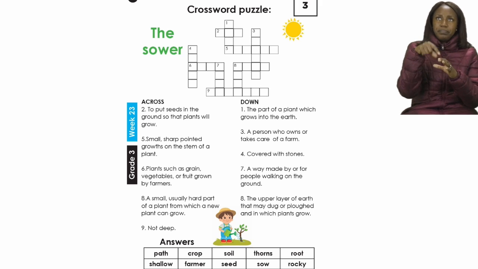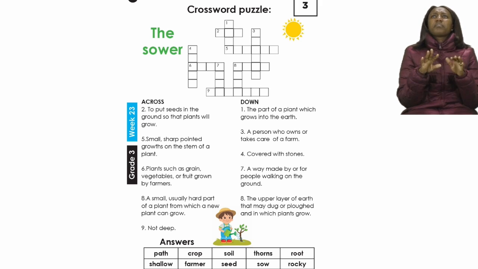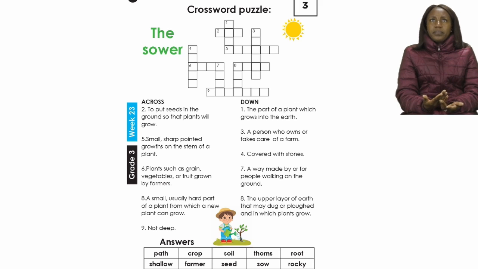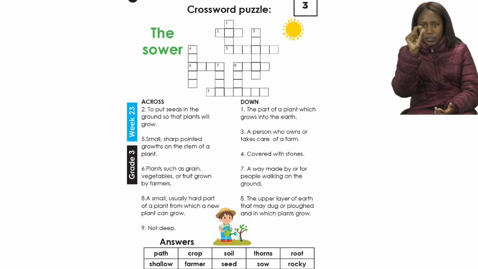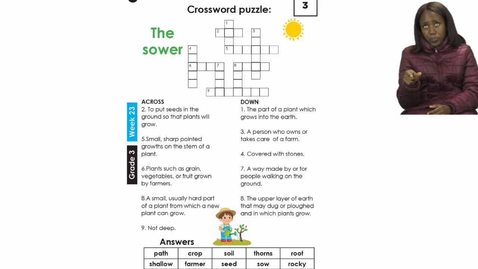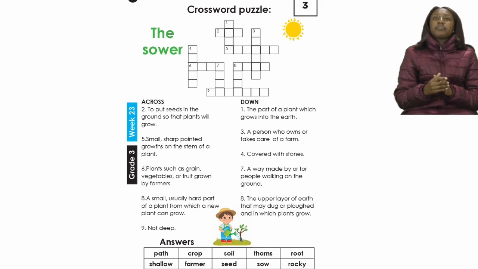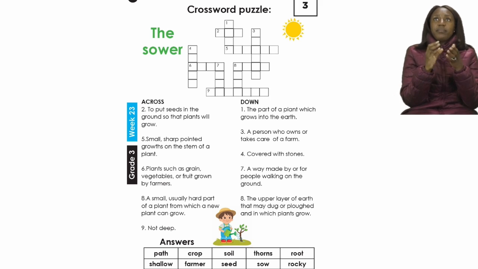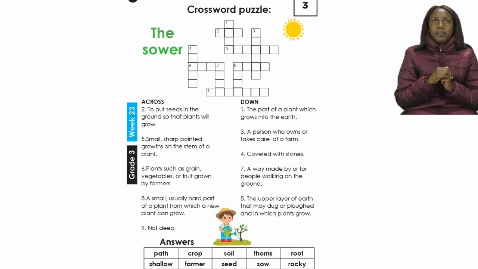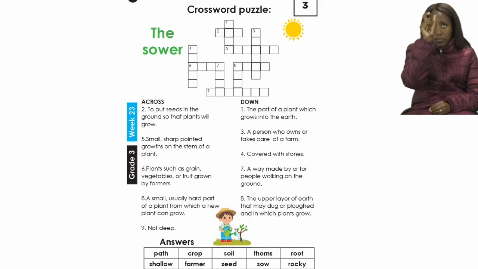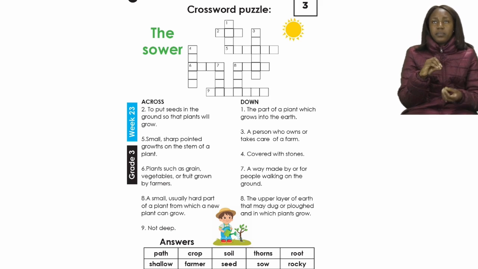Now, how are we going to do this crossword? You will see there are clues given to you that go across and clues given to you that go down. Now I am going to do number 1 and number 2 with you. You will see that clue number 1 goes down and clue number 2 goes across.